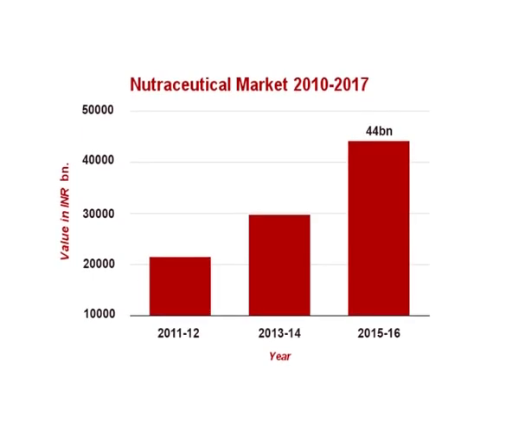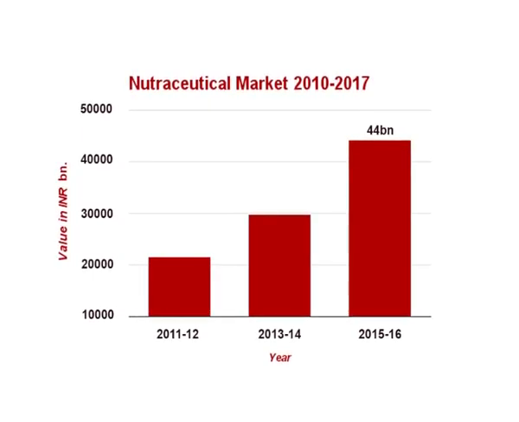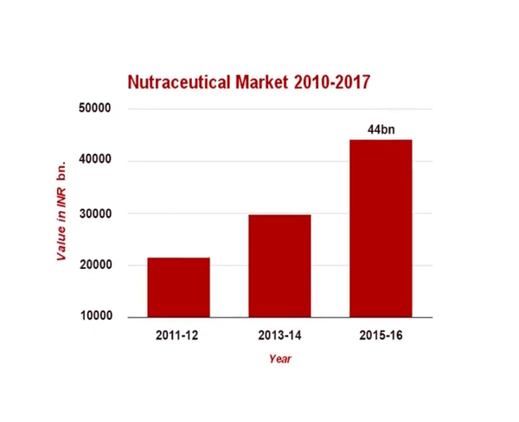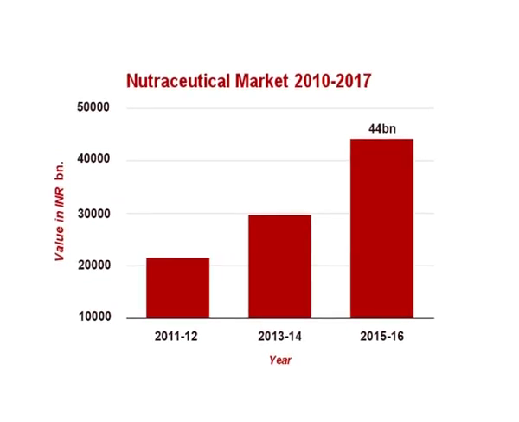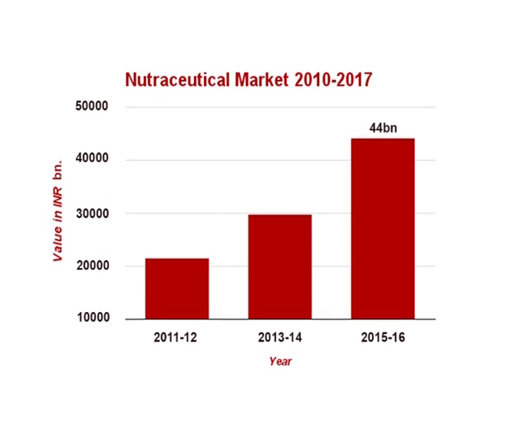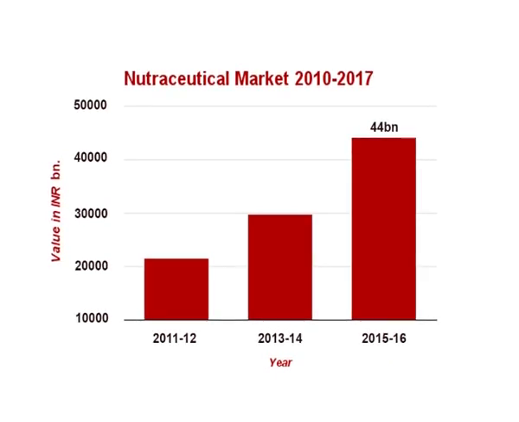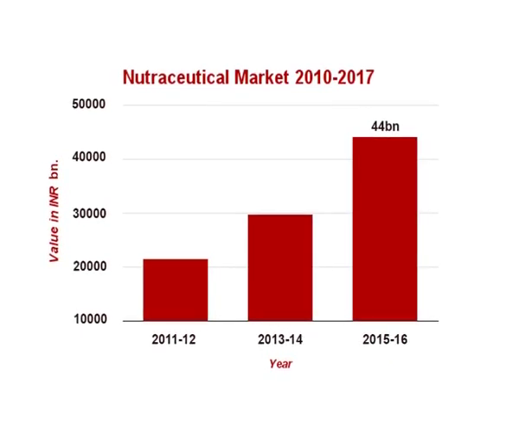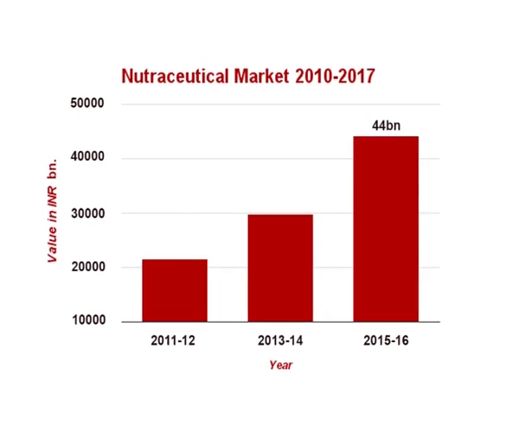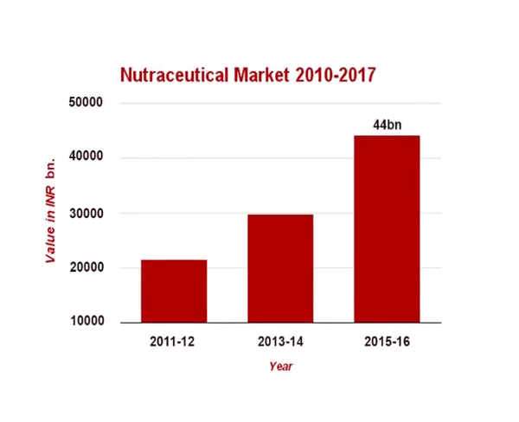According to a recent report, the total market for nutraceuticals in India is growing at 21% per annum. It is currently valued at 44 billion rupees but could be worth more than 95 billion rupees in 4 years.